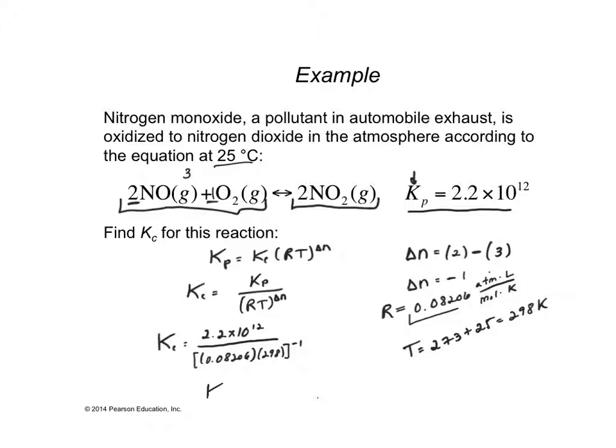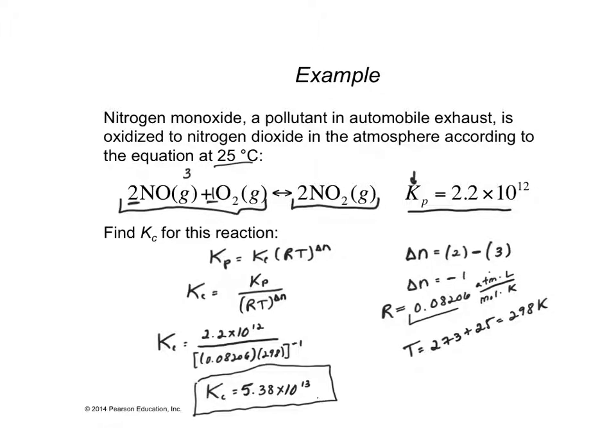So then multiply everything out, and I end up with a Kc equal to 5.38 times 10 to the 13th. And so that would be the answer for that type of question, okay? So go through that, make sure that you've got the math correct and you're getting the exact same answer as I do.